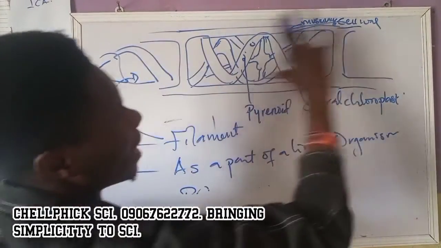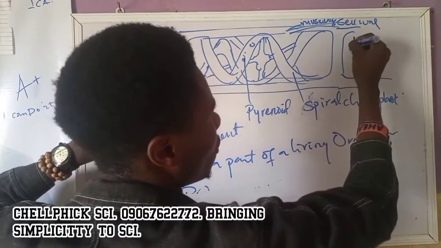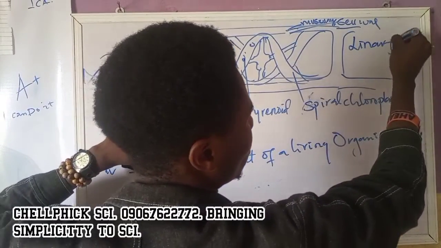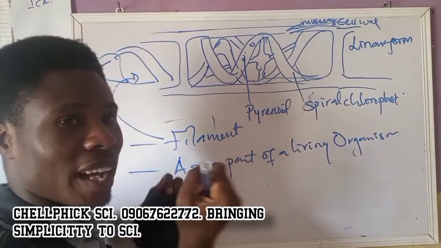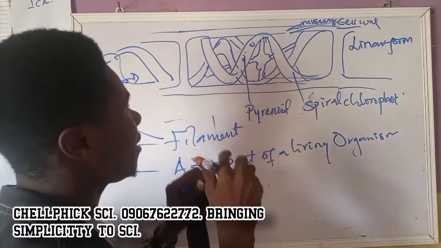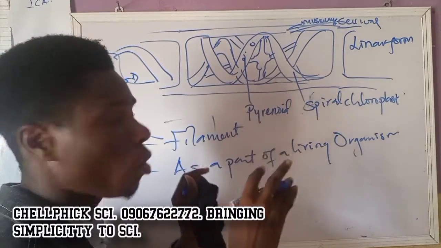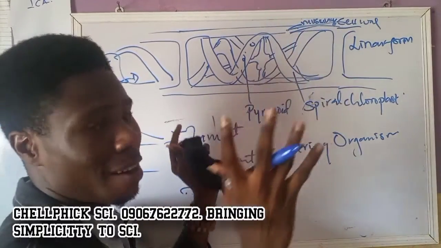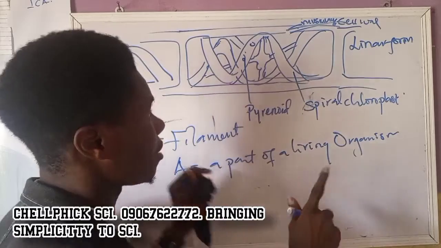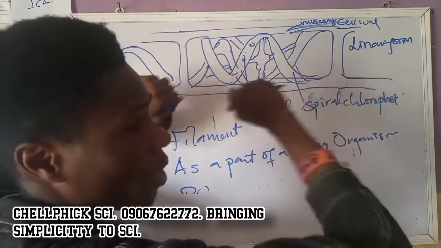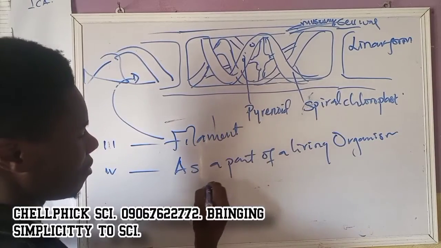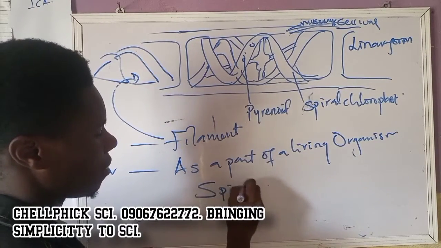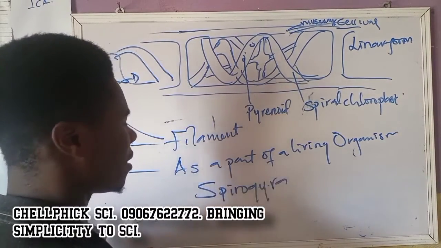So in a filament, they are joined end to end, while in a colony, they are fused together to form a mass. An example of an organism that can exist as a filament is Spirogyra.